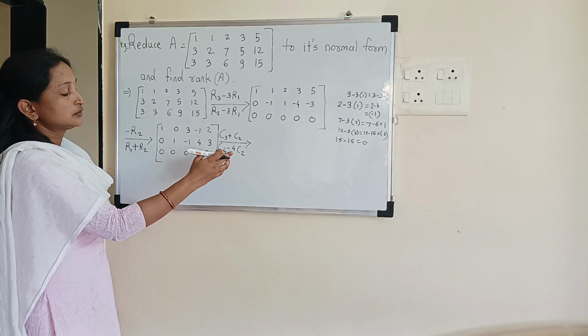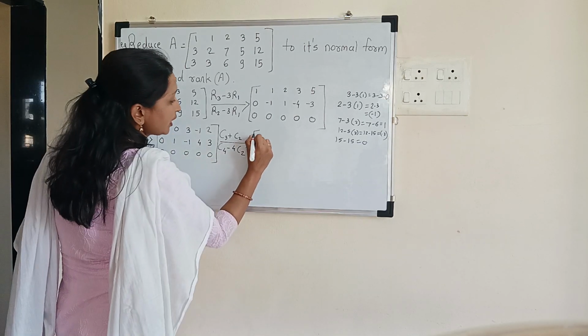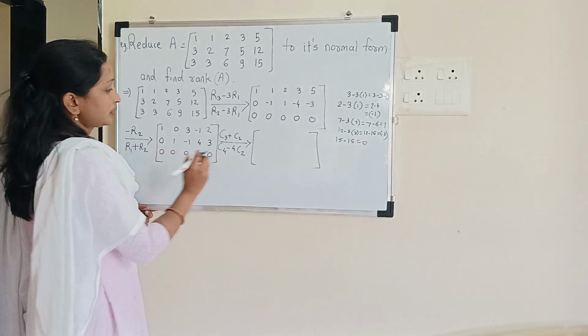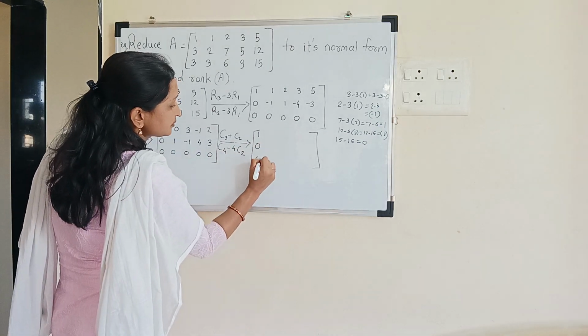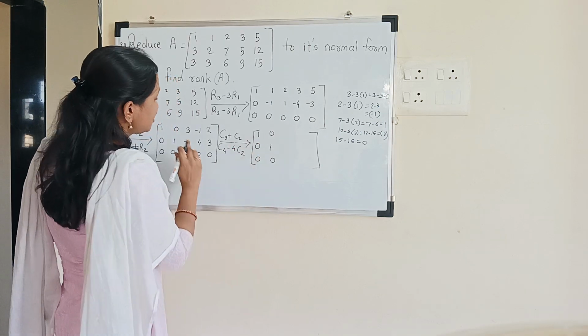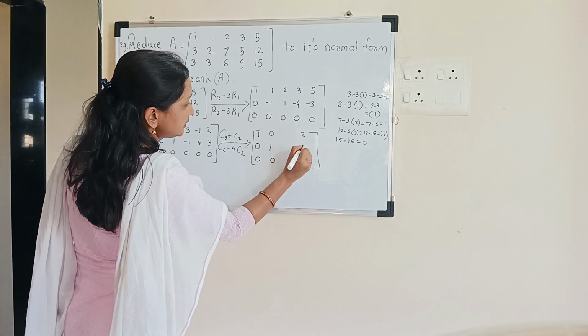So I am subtracting 4 C2 from C4. So you can have two column operations simultaneously. The first column will be as it is, the second column also will be as it is. You are changing the third and fourth column. The fifth column also will be as it is.